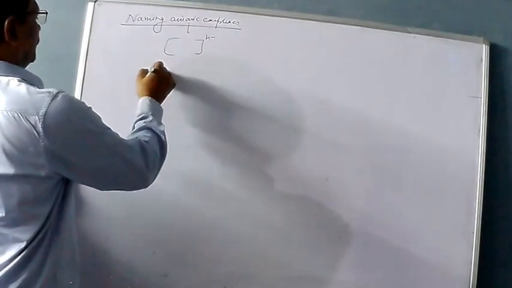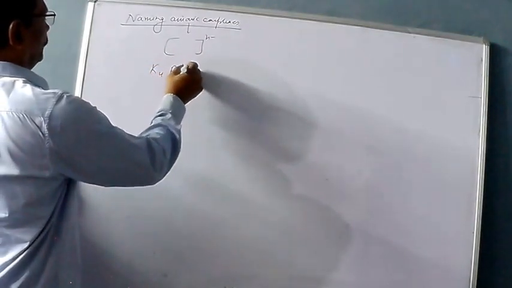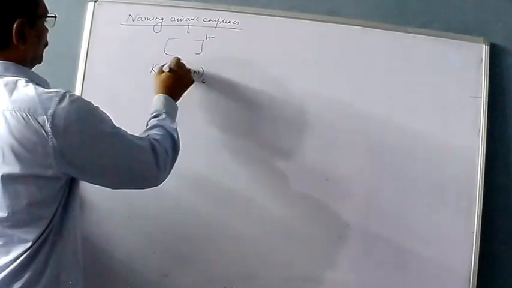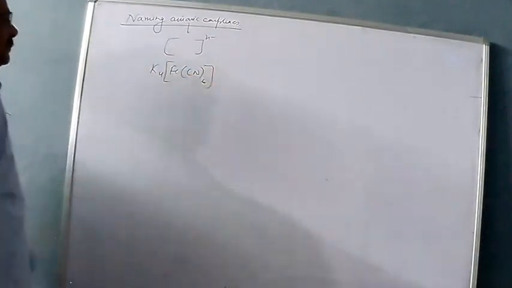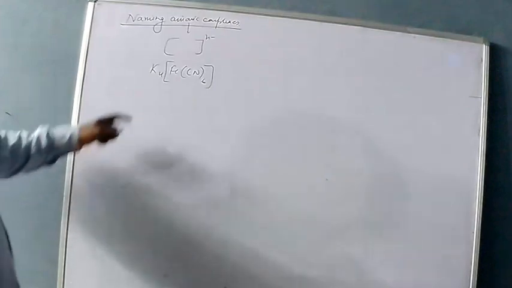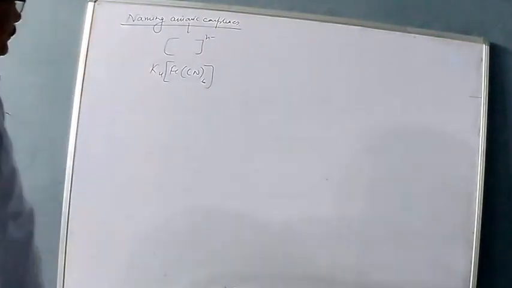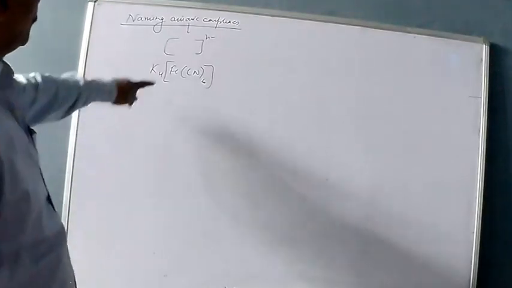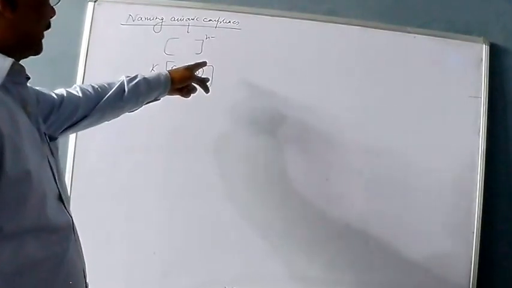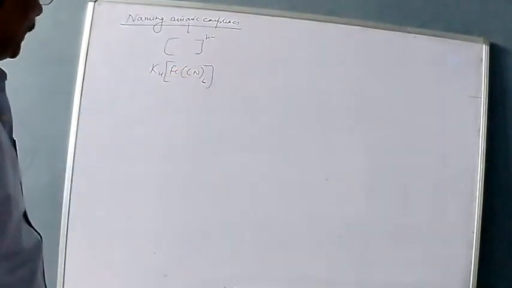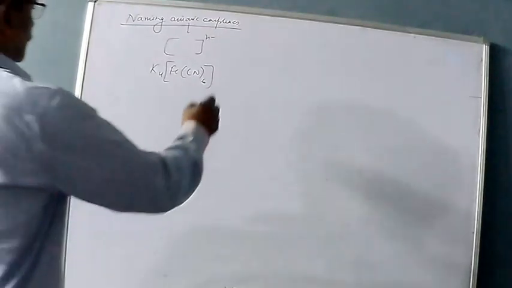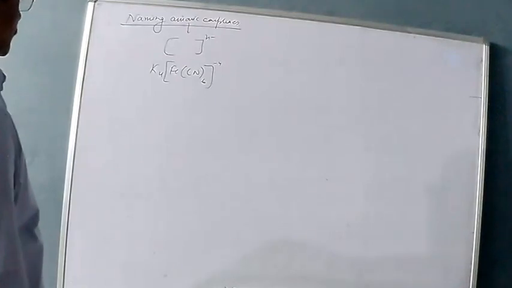Let us take one example here. K4[Fe(CN)6]. So class, we all know one potassium carries plus one charge, so 4 potassium will carry 4 positive charge. So if potassium carries 4 positive charge, then the coordination sphere is going to carry minus 4 charge, and since it is carrying minus 4 charge, that's why it is called an anionic complex.